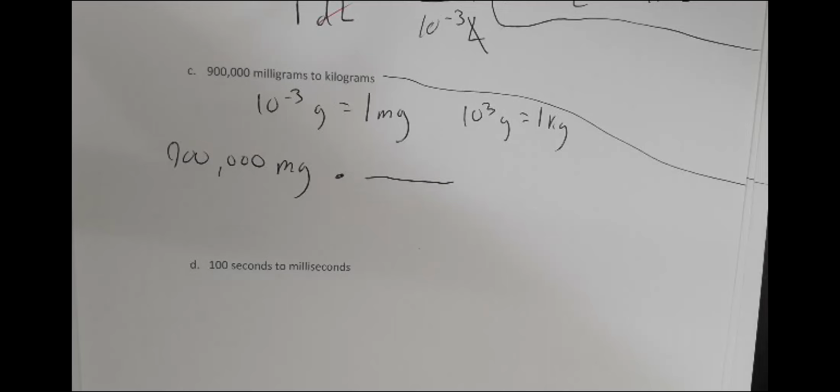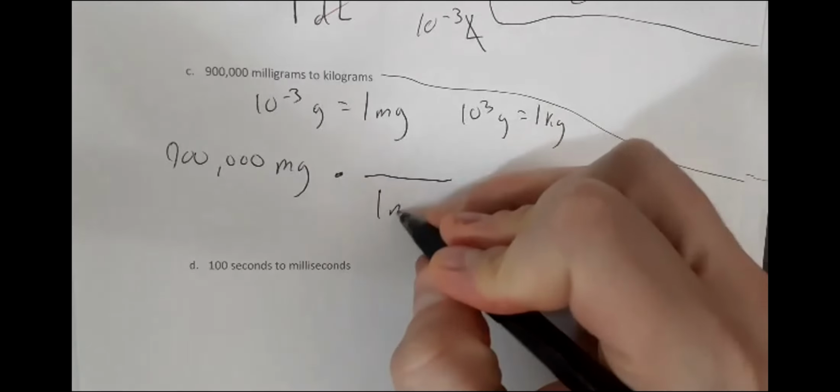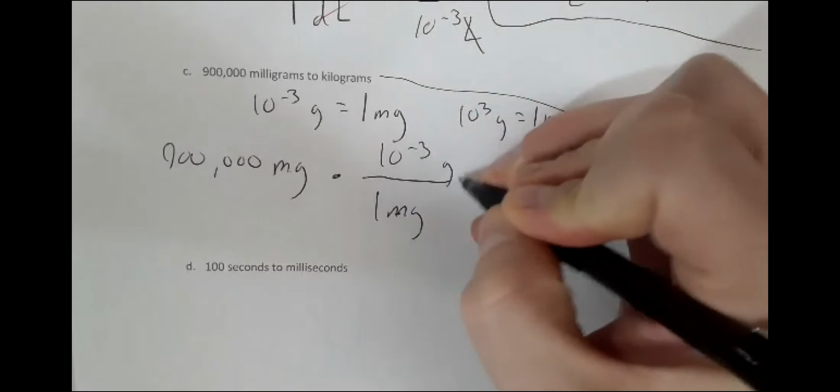Because when you work with the metric system, all you're really doing is moving the decimal place, right? You're not actually changing that number out in front. 10 to the minus 3 g on top. Okay. So 1 milligram on bottom, exactly. 1 milligram on bottom, 10 to the minus 3 g on top.